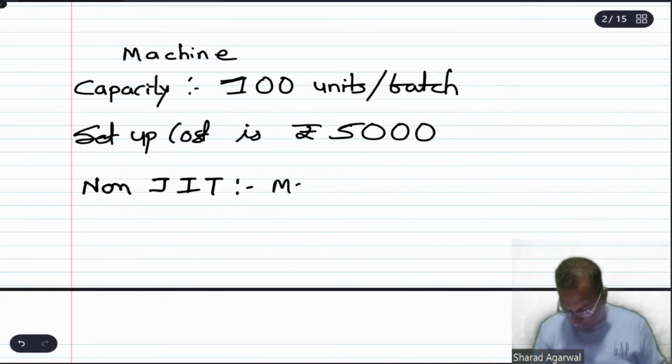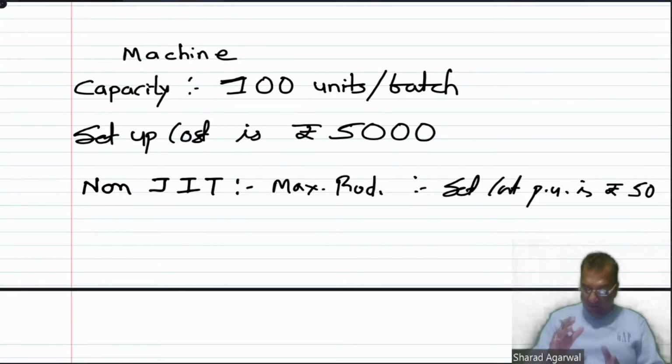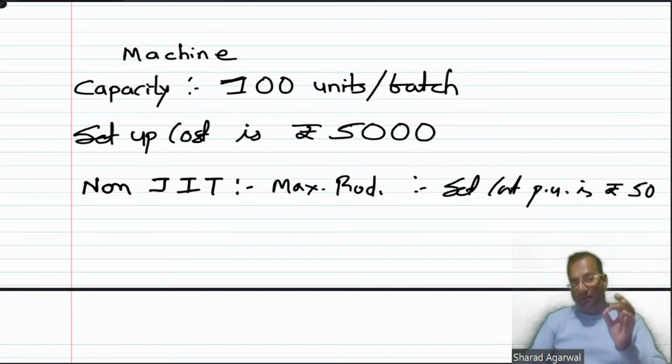So we will do maximum production so that setup cost can be reduced. That is, setup cost per unit will be, I think, rupee 50. रुपये है. क्यों हमने यहां पे मैक्सिमम प्रोडक्शन किया? क्योंकि हमारी सेटअप कॉस्ट कम से कम आए.